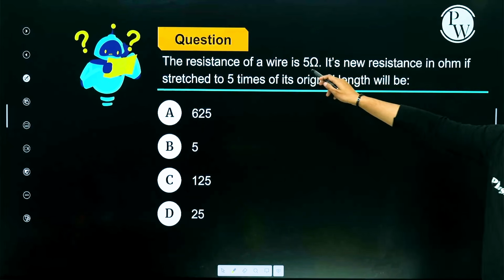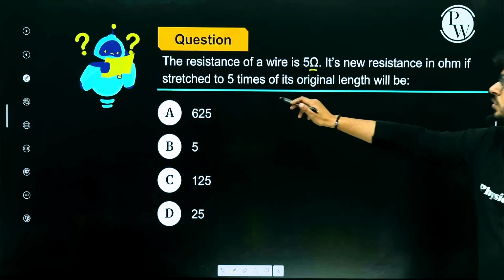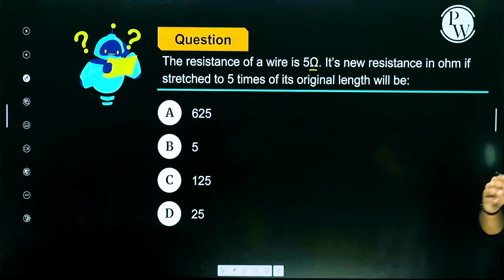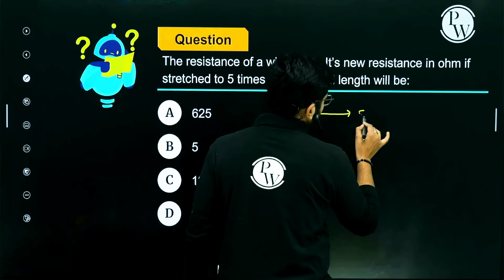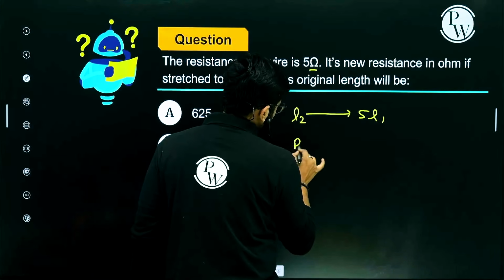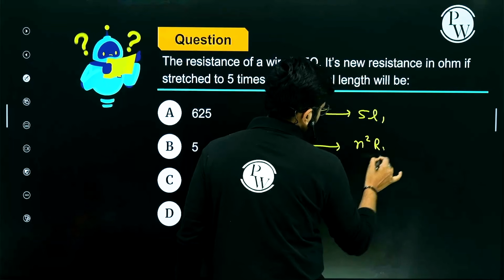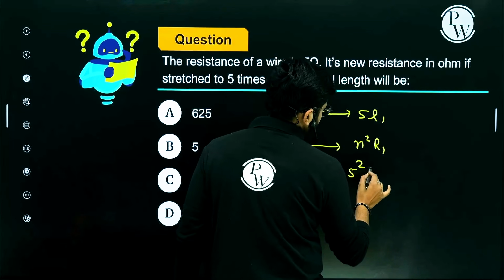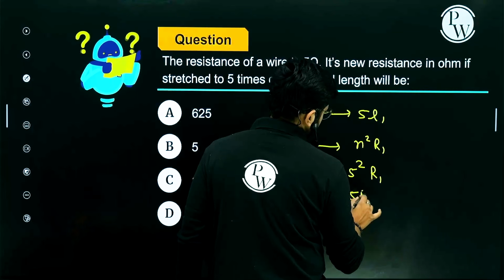The resistance of the wire is 5 ohm. Its new resistance in ohm, if it is stretched to 5 times the original length. So if you are stretching 5 times the original length, L2 is becoming 5 times the original value. So R2 will become n square times the original value. So n square is 5 square, so it is 25 times the original value.